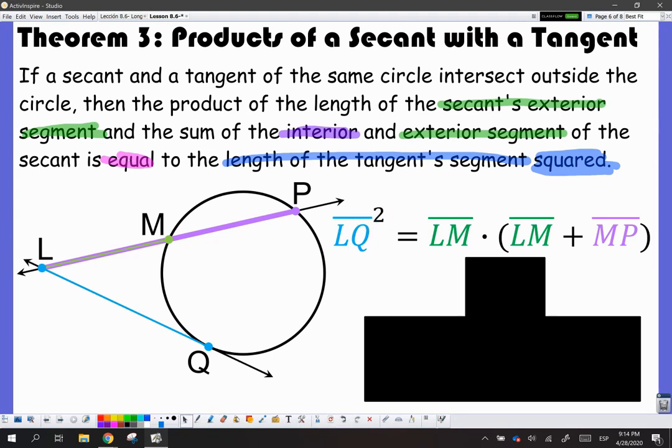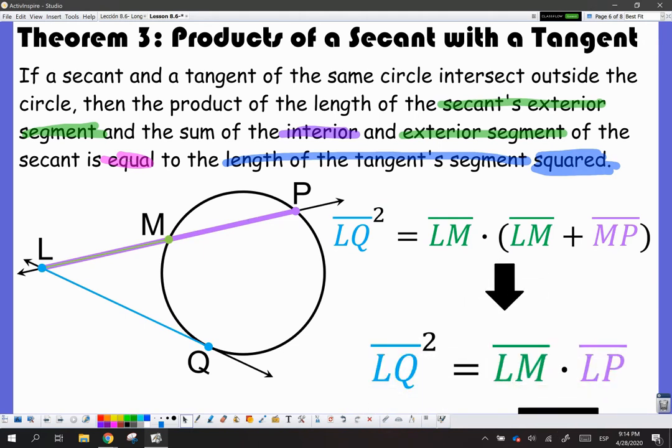Now, as previously, since LM plus MP is just the total length of the secant segment, we can simplify that formula to be LQ squared, the tangent section, equals LM, the exterior secant, times LP, the entire secant segment.